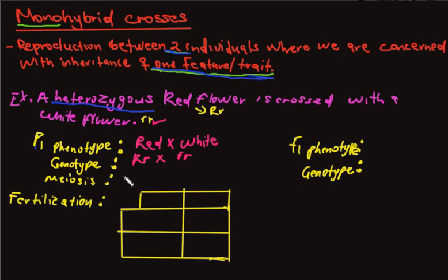Then meiosis actually separates our gametes, because if you think about Mendel's law of segregation, you will know that during gamete formation, alleles segregate so that each gamete contains only one allele of a gene.